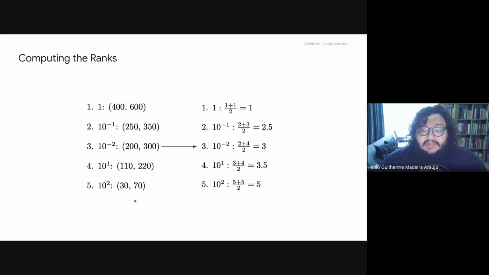What we do then is we compute new rankings, and they are based on the following. You take a look at what's the best ranking you could get, which is, suppose that everyone above you had the worst performance and you had your best performance. So for this value of hyperparameter, the best performance is 300.